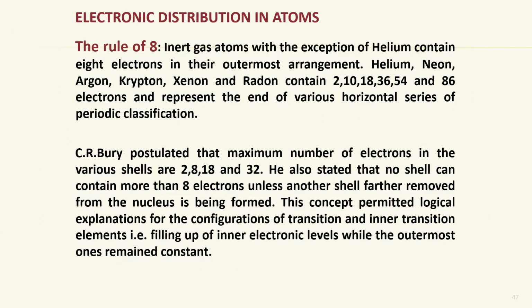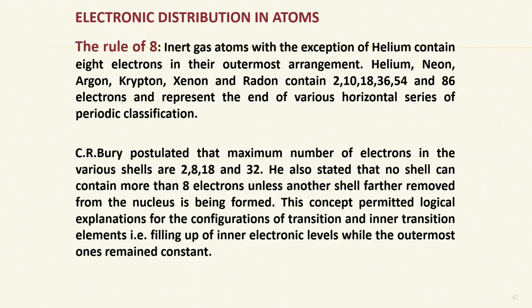These are all rules based on observations. Okay. So, he also stated that no shell can contain more than 8 electrons unless another shell farther removed from the nucleus is being formed. So, this concept permitted logical explanations for the configurations of the transition and inner transition elements.